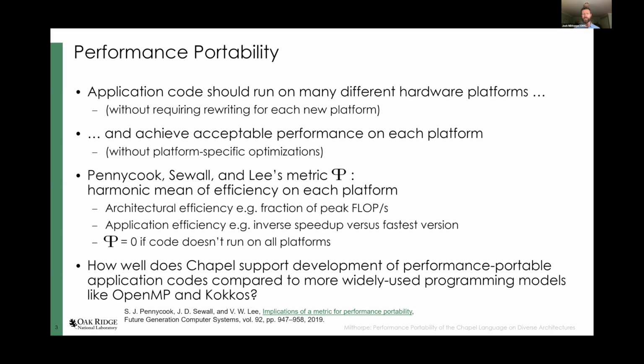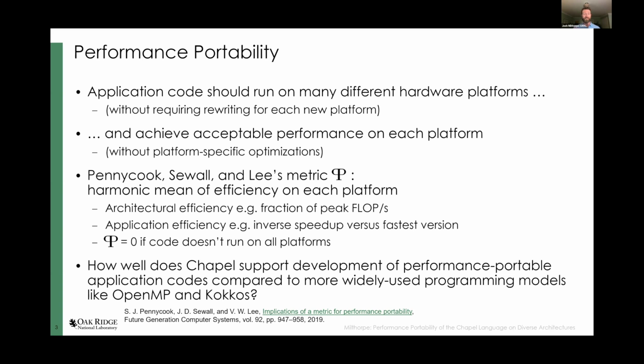And the other way to measure things, if you don't have a particular figure of merit other than the runtime, you can just take the runtime of the application and call the fastest version 1, and then for every other version of the application, you take the inverse speedup. So every version is going to be slower than the fastest. Importantly, if your code does not run correctly on every platform, the double P performance portability metric is 0. So you get a straight up fail if you fail to run on any platform.